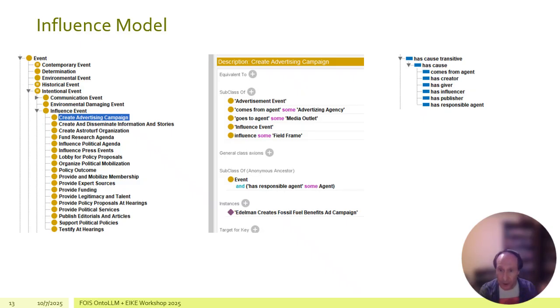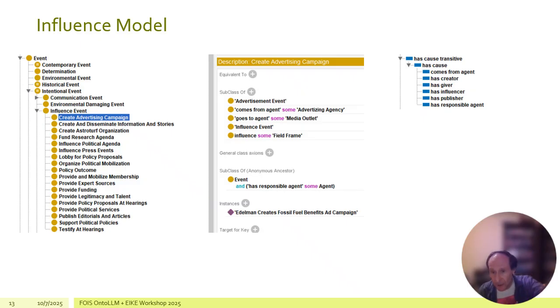So now we can take these different kinds of influence and map the causal chain, starting from a starting point which is usually a donation from a corporation to an endpoint which is usually some political outcome, and all of the links in the graph, in the chain, that go from the start to the end use this super property has cause. So we're following the causal links.